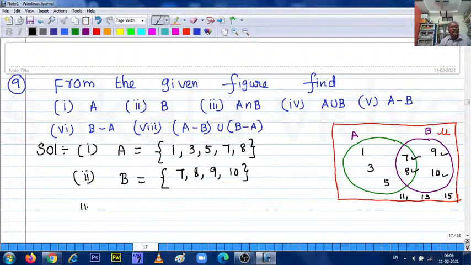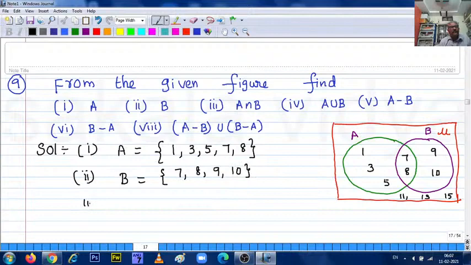Third question is A intersection B. First, B we need to write. What is B? 7, 8, 9, 10.